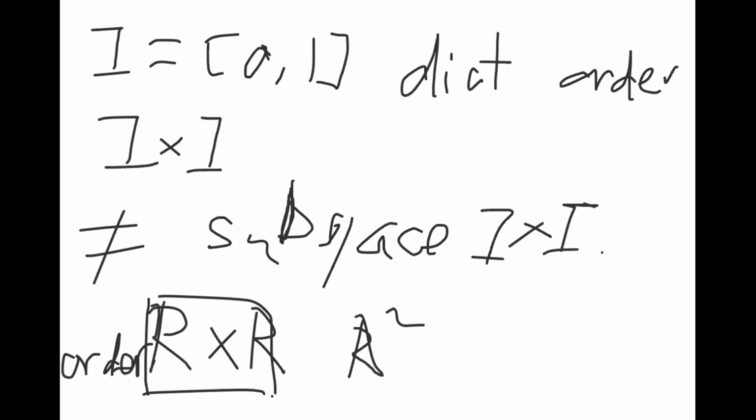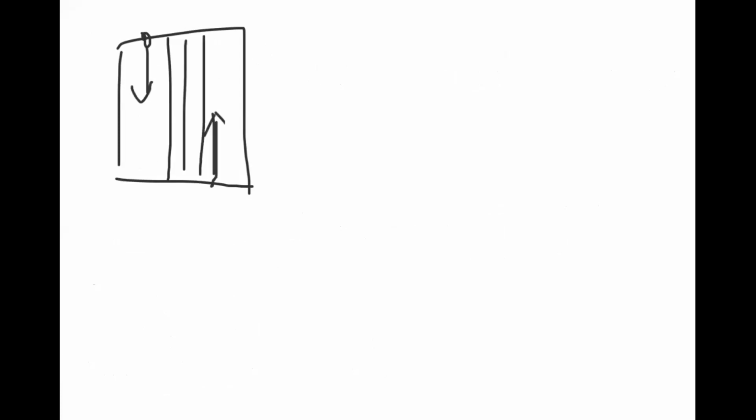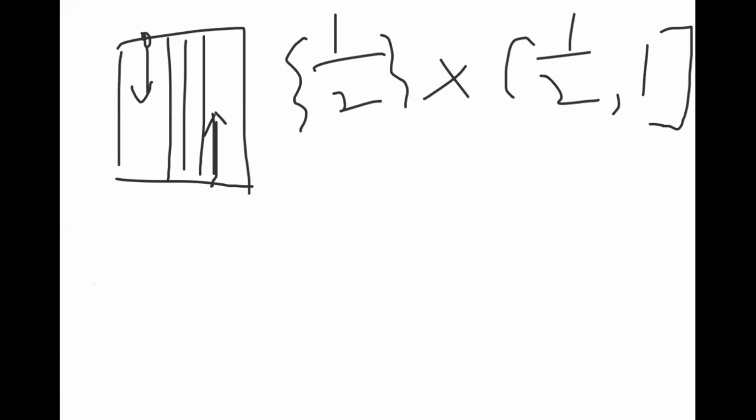Okay, I'll show you this. The picture in the textbook shows this. For example, the set {1/2} cross (1/2, 1], closed, is an open set of the subspace topology, but not of the order topology.